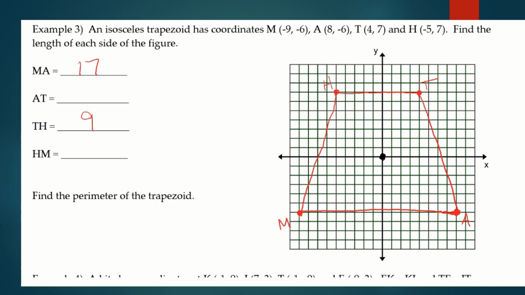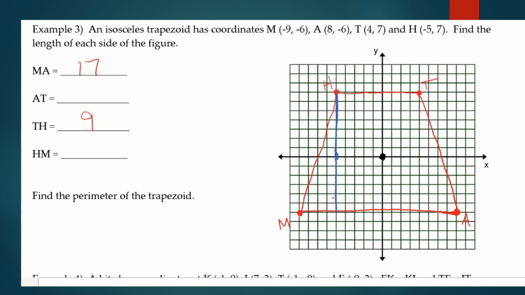So I'm going to work with M and H just because they're closest to me right now. I'm going to draw a line from H down to line MA, or down to side MA. And once it intersects that side, I'm going to stop. Okay.